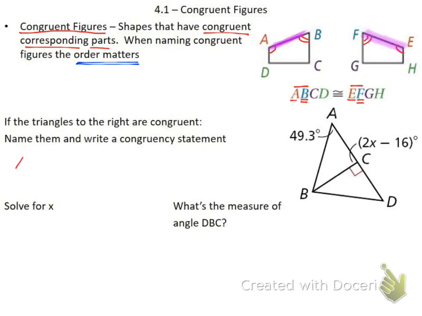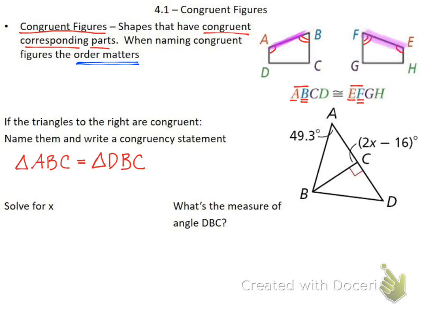So if I label one triangle ABC, and they're a reflection, then angle A is going to flip over to angle D. Angle B is going to stay put and be equal to angle B, and angle C is equal to angle C. So each of those segments should be corresponding, and all the angles should be corresponding.